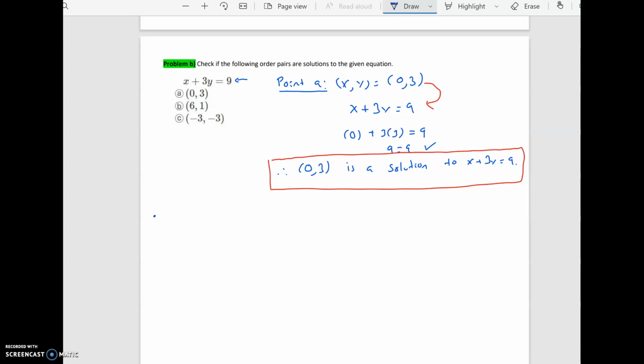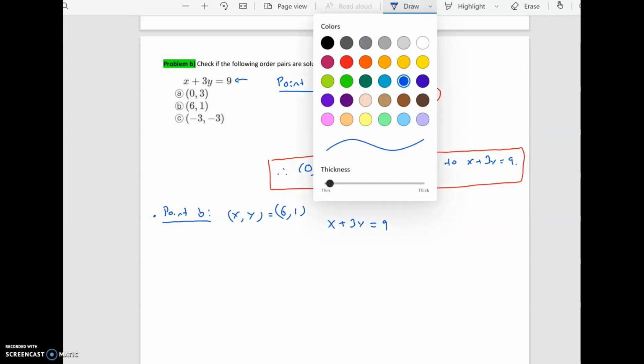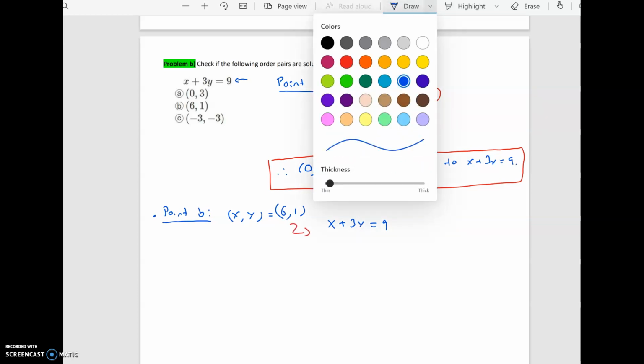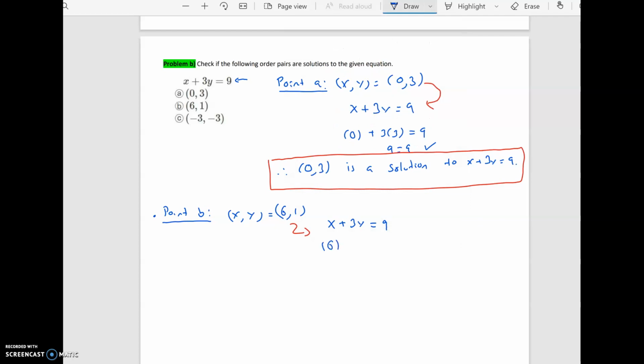Let's take a look now at the second point. So point B. And point B as an x and a y happens to be (6, 1). And we're going to plug it into x plus 3y is equal to 9. As we plug it in, your x happens to be 6 plus 3 times 1 is equal to 9, or 6 plus 3 is equal to 9, or 9 is equal to 9.